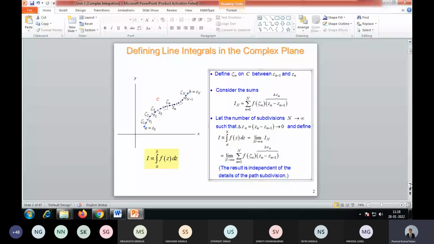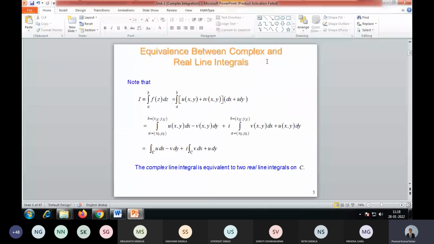Now, equivalence between complex and real line integral. So the integration from a to b of f(z) dz. We all know that f(z) is u plus iv, and dz means dx plus i dy.